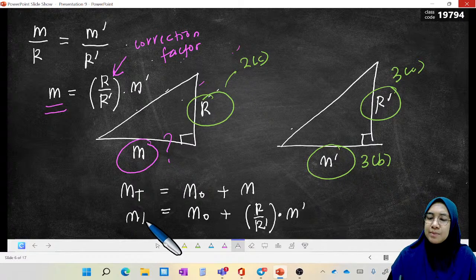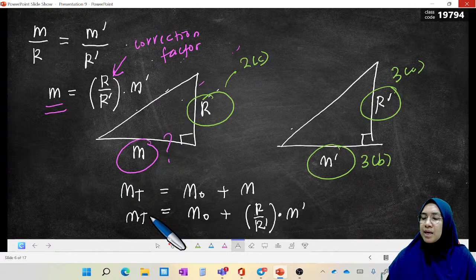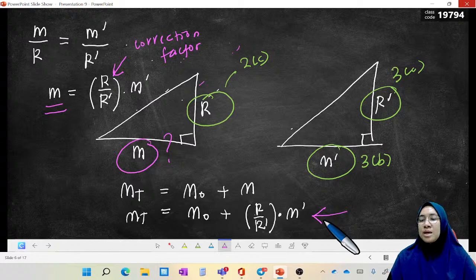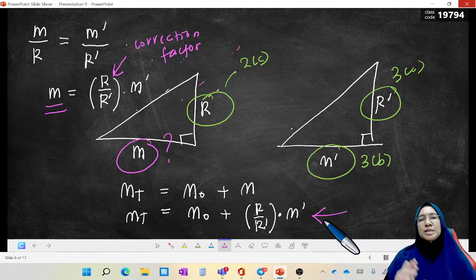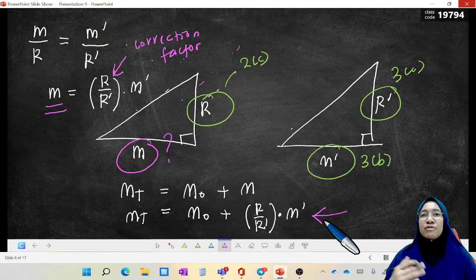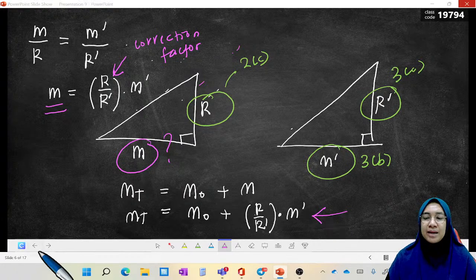So this will be the equation to calculate member end moment for the question. Okay, so this is just about the concept of the principle of superposition and how we derive the equation to get the final end moment.